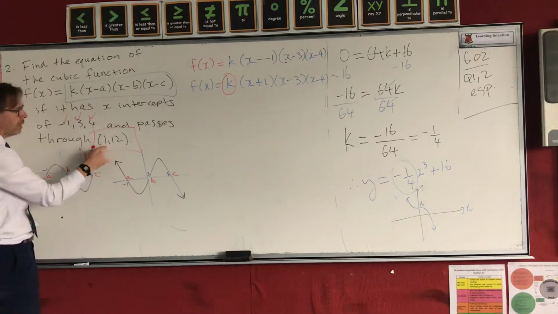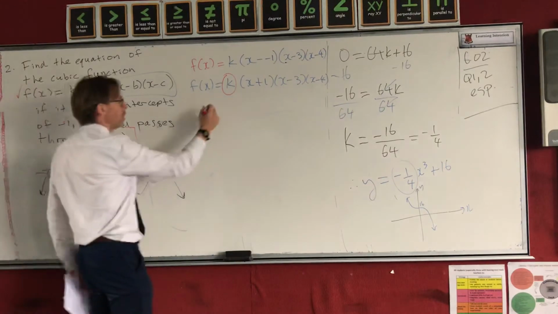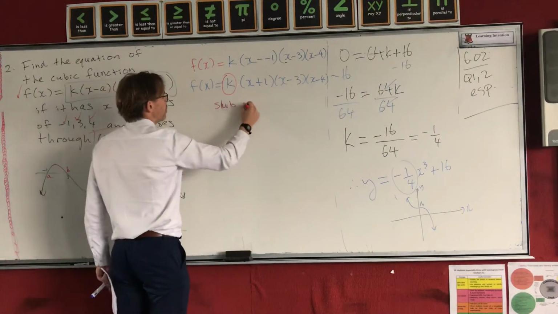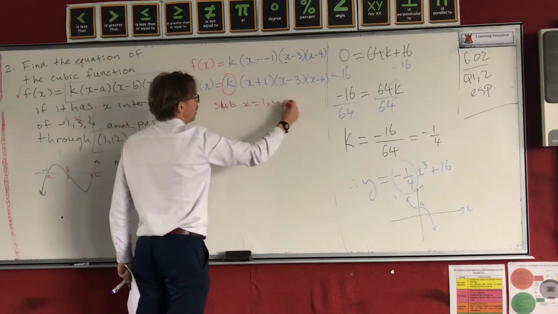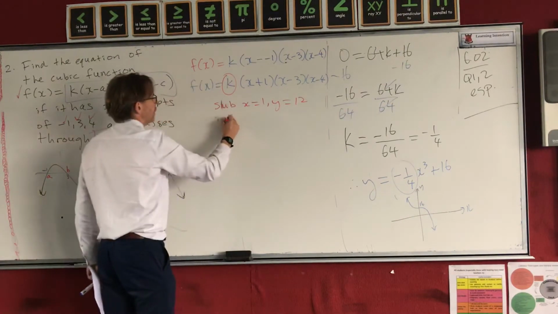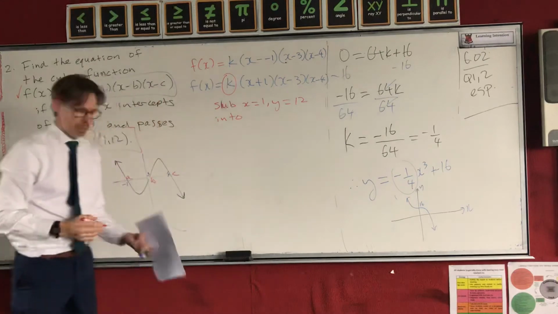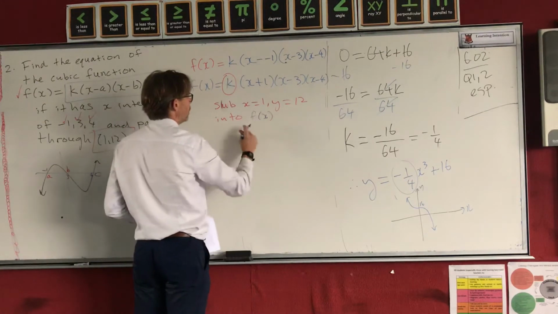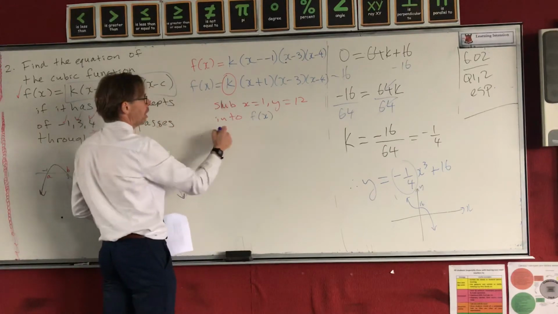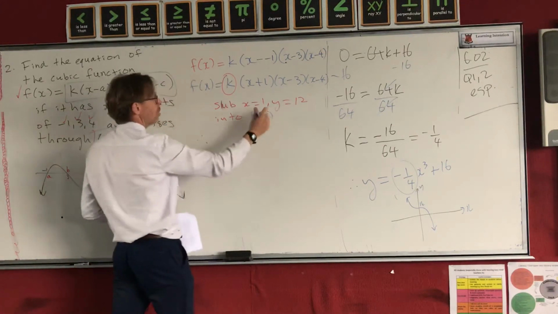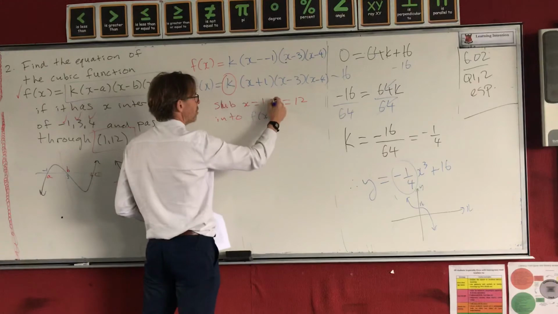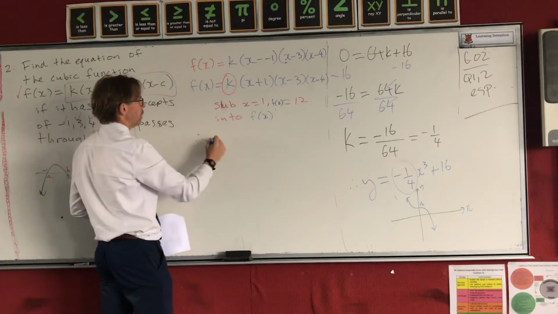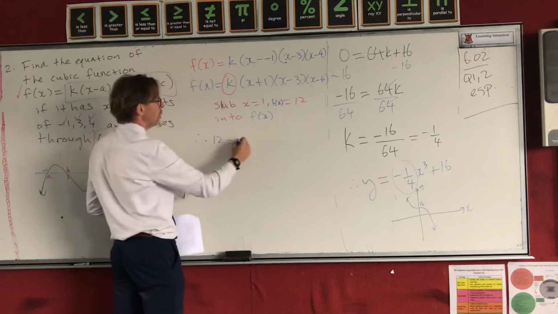So I'm going to sub in x equals 1, y equals 12 into f of x. Now this is your f of x, isn't it? So therefore, 12 is equal to k.